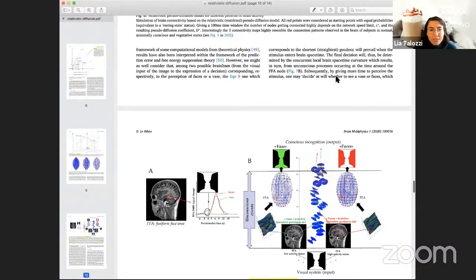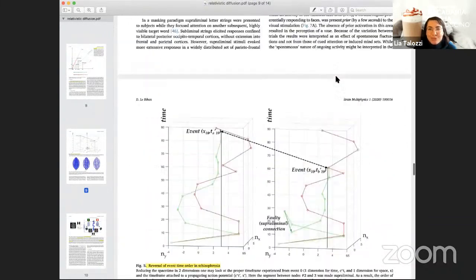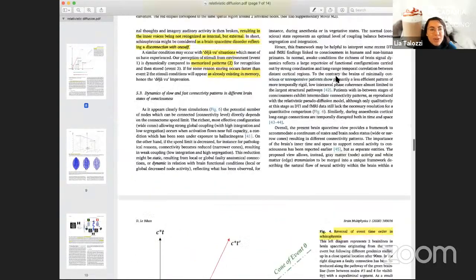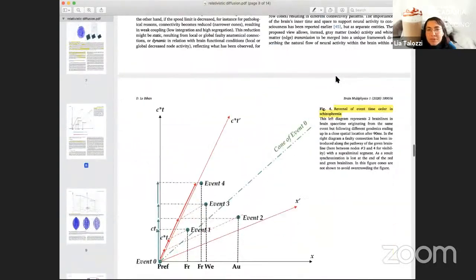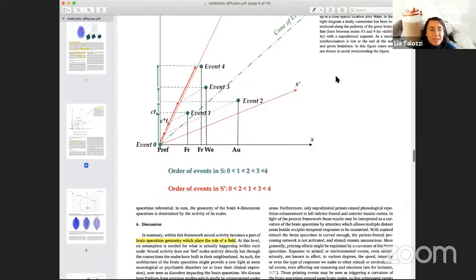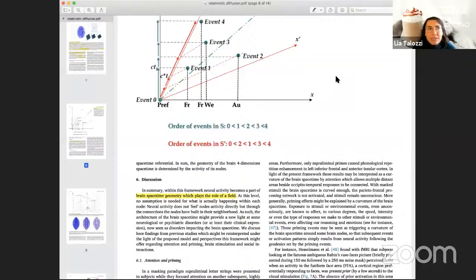So this is what I understood from this paper. I hope it was not too messy to explain. And I also want to ask what you think, have you ever thought about timing in the brain? I was also wondering if there are empirical measures we can have, maybe EEG or some different measures, because it seems that with fMRI, I don't know, are we able to capture this timing of activations?